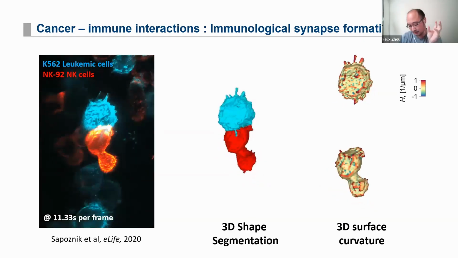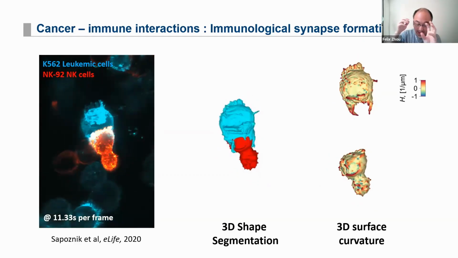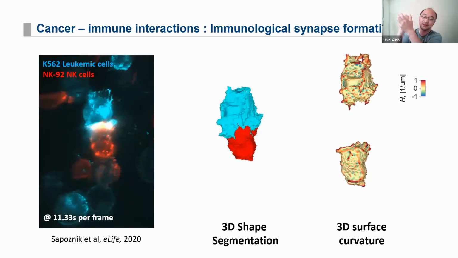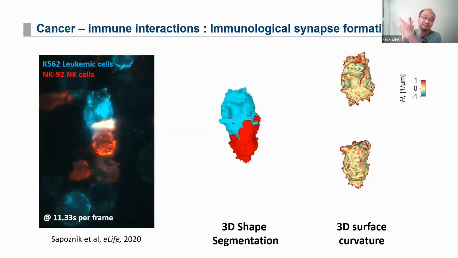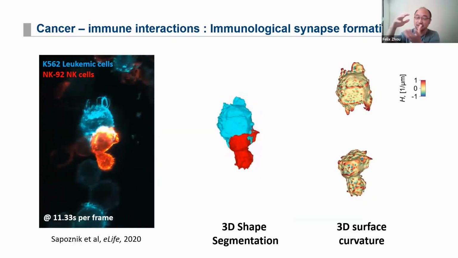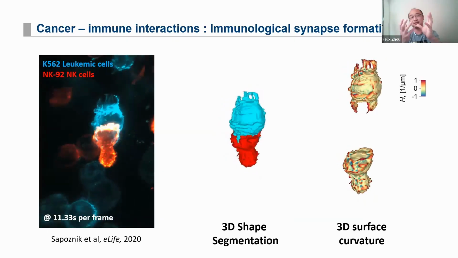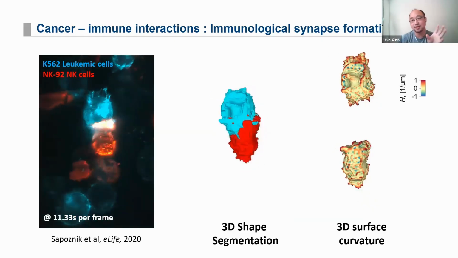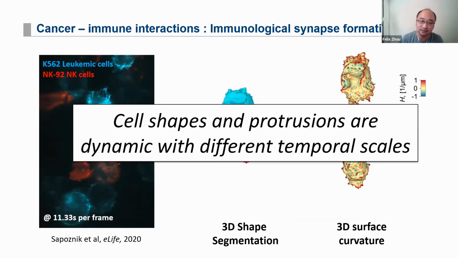When it detects the cancer cell, it engages with it, forming an interface called an immunological synapse, where it sends its cytolytic contents inside to really rip the cancer cell apart. Hopefully you appreciate that before it recognized the cancer cell, it was in a particular shape, but as soon as it approaches the cancer cell, it changes orientation, and all it's doing is changing its protrusions. So there's an interesting interplay between the cortical shape and the surface protrusions in this function.